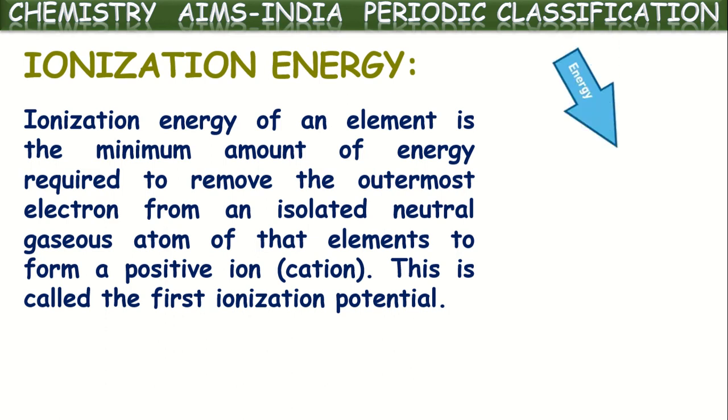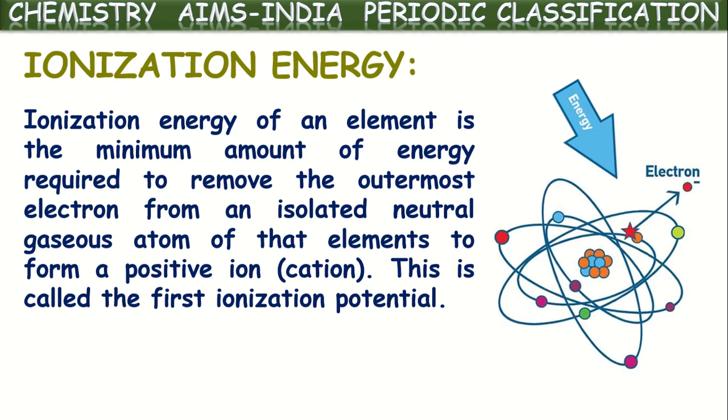For example, it is an atom. Suppose certain energy is given to an atom. Then the atom may lose an electron from its outermost orbital. The amount of energy required by that atom to remove this electron from its outermost orbital is known as ionization energy.